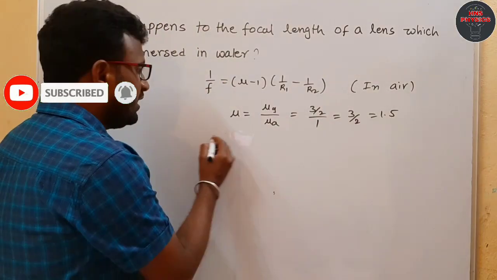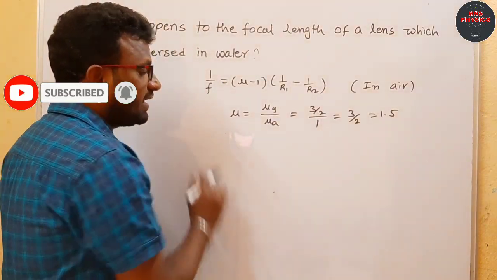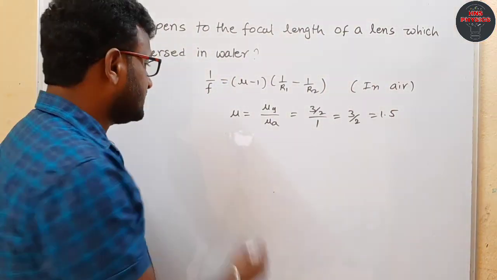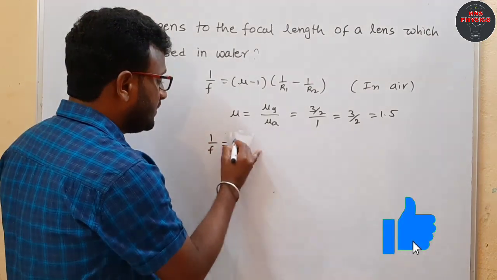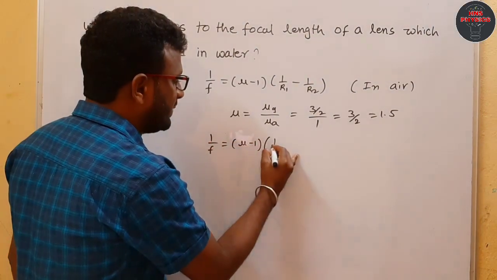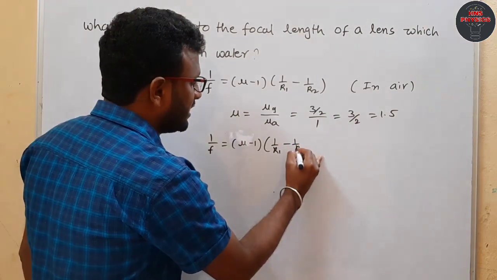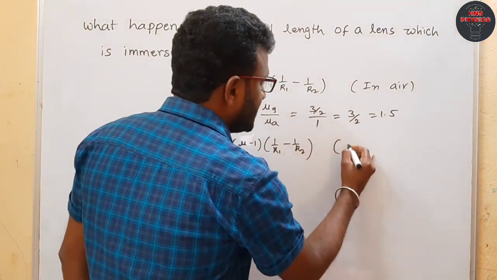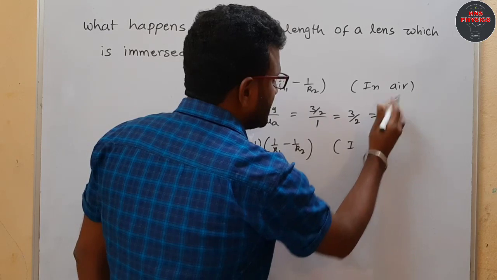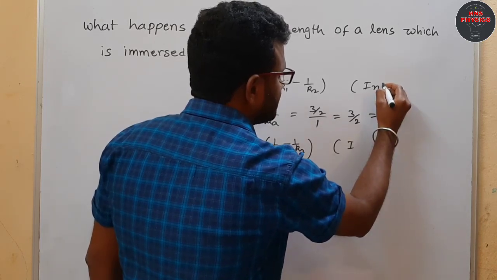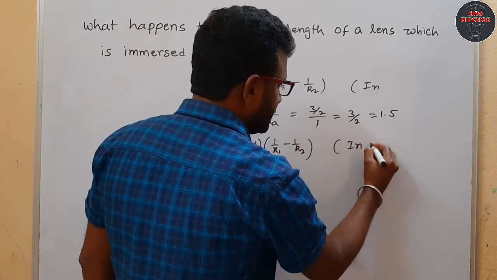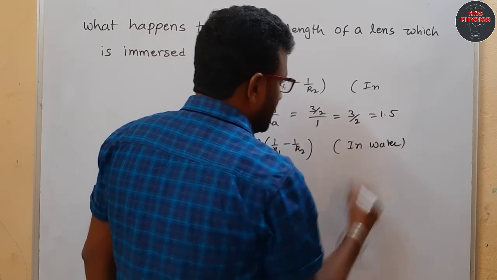Now come to when it is immersed inside the water. 1 by f equal to mu minus 1 into 1 by r1 minus 1 by r2. Here, instead of air, it is water.